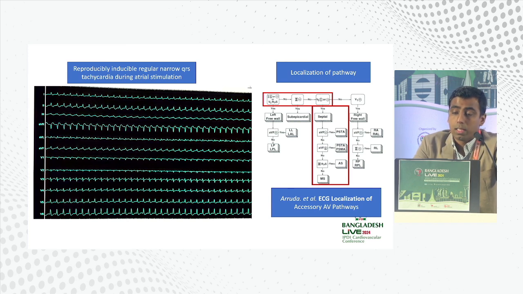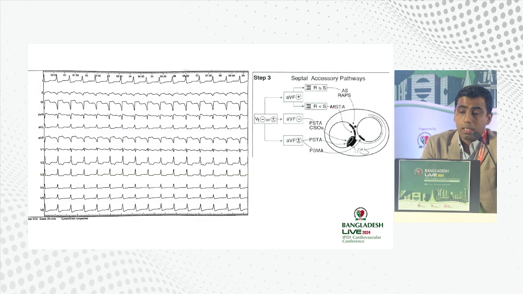If not, then we go to lead II. If in lead II there is no negative deflection, then we go to V1. If in V1 there is a negative or isoelectric delta wave, then we go to septal, and after that to lead aVF. If there is a negative or isoelectric delta wave, then it is a posteroseptal pathway. So in our case, we can stop here, sir, but we can continue with the discussion.